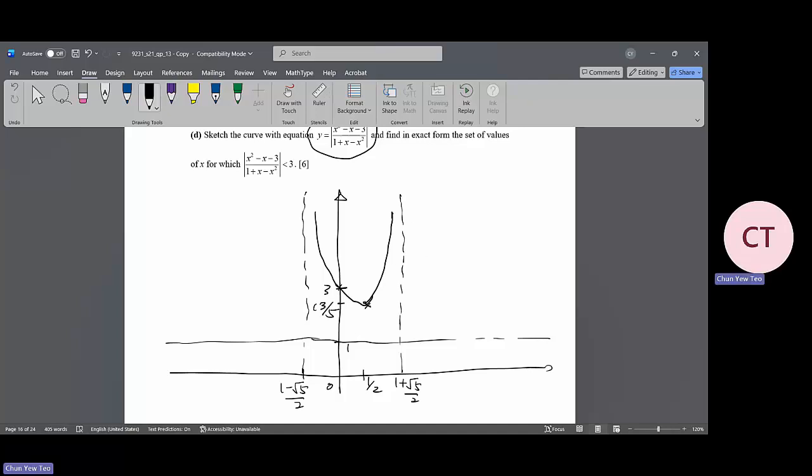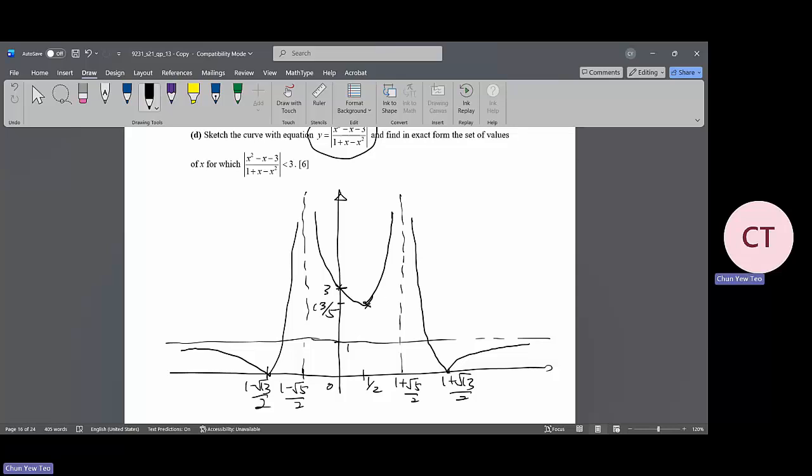Then this will be your left-hand branch. This is 1 plus 13 divided by 2. And this will be your right-hand branch. Okay, so this will be 1 minus 13 divided by 2.